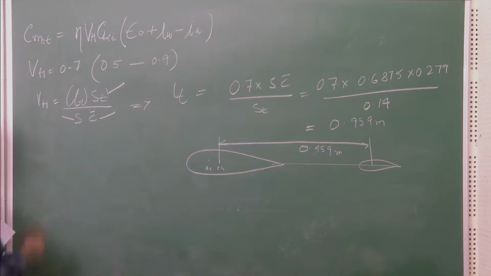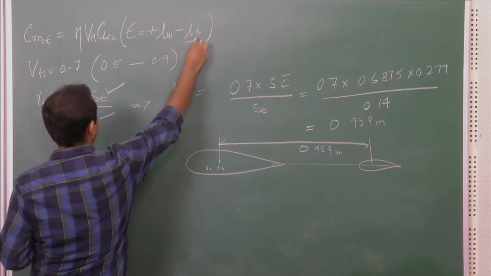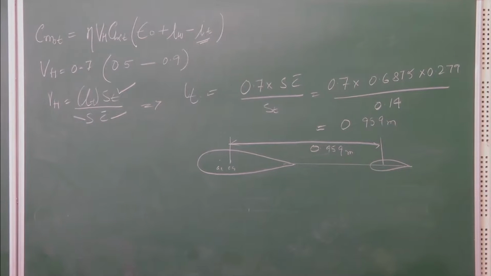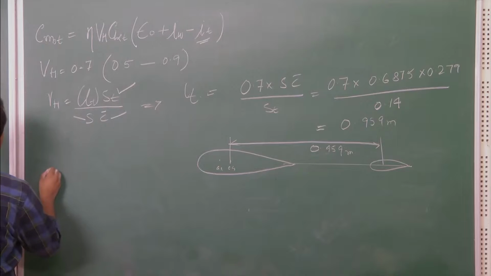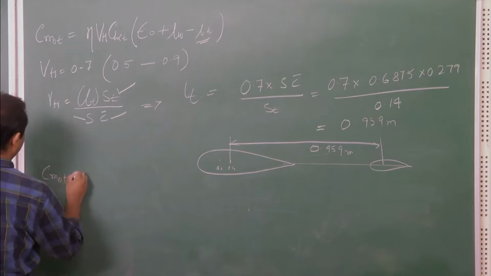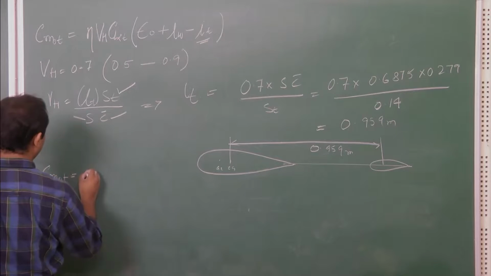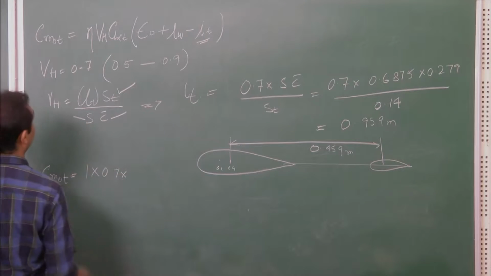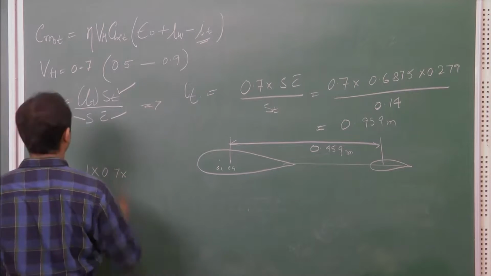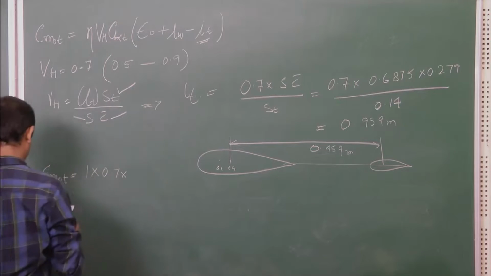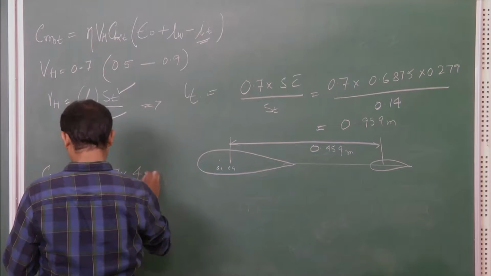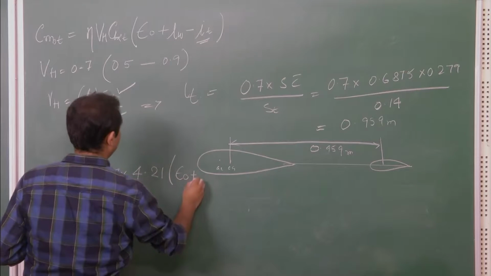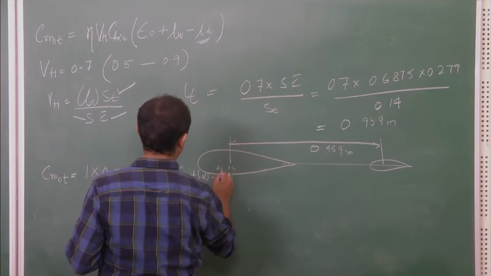Now to calculate, what will be the tail incidence angle in order to get Cm naught T equals 0.0784. So Cm naught of tail equals, let's assume eta as 1, into 0.7. CL alpha of tail we have already calculated. This is CL alpha of tail, 4.21, and then epsilon naught plus I of wing minus I of tail.